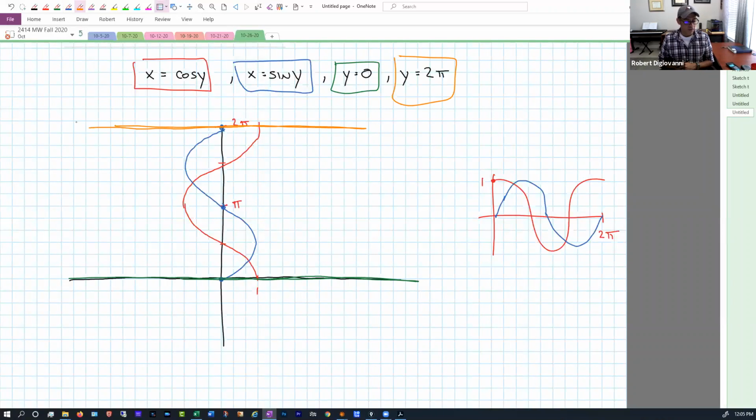Now I realize for each of these, because my regions are functions of y and not x, I'm going to be using horizontal rectangles in each one of them. And I should also just highlight the regions. I have this yellow region, this green region, and this blue region.